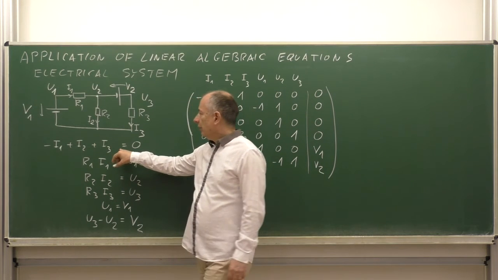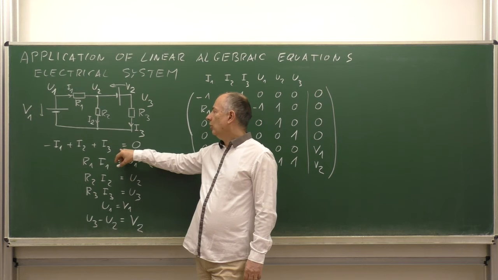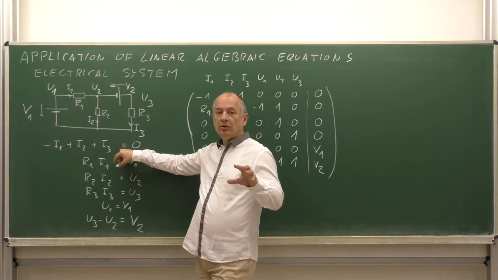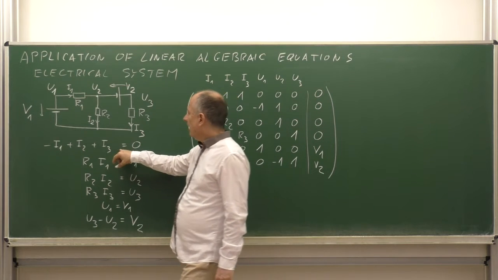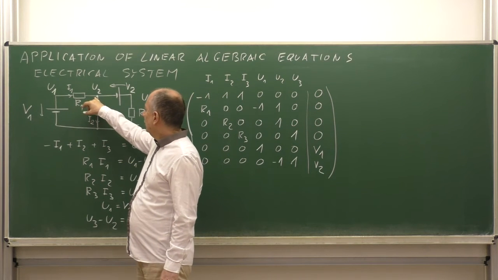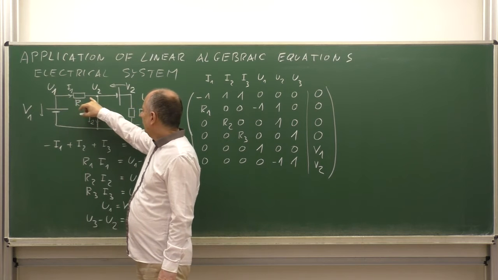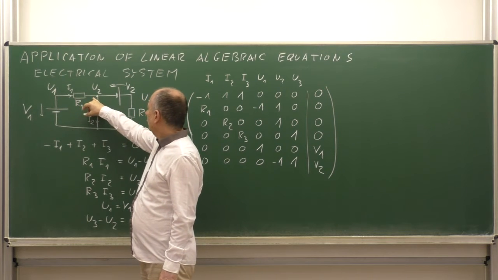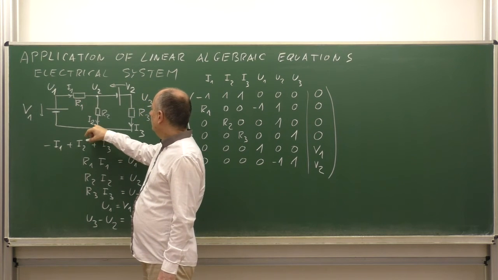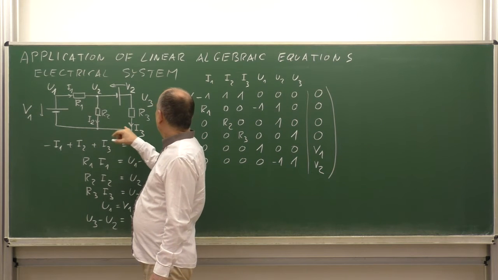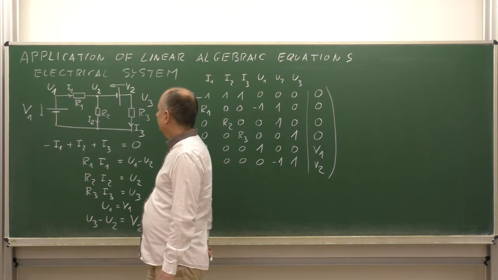This is Kirchhoff's law, or if you like, it can be expressed as the conservation of the electric charge. That means in this node we have three currents, I1 going in, I2 going out, and I3 going out.